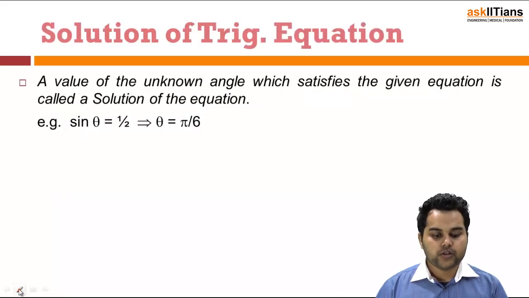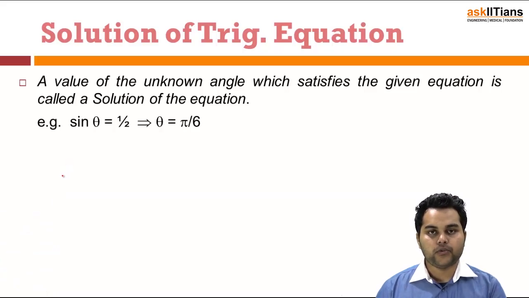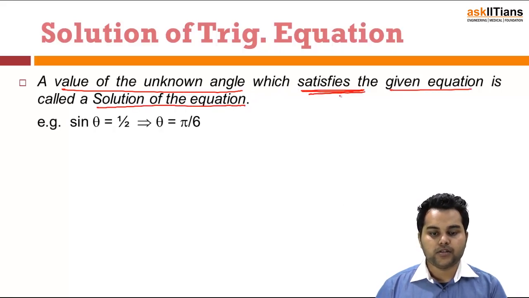Now, solution to trigonometric equations: we just discussed an example where you were supposed to find the angle with which you were flying the kite with respect to the horizontal, and you found it using the two sides. So the value of an unknown angle which satisfies the given equation is the solution of the equation.